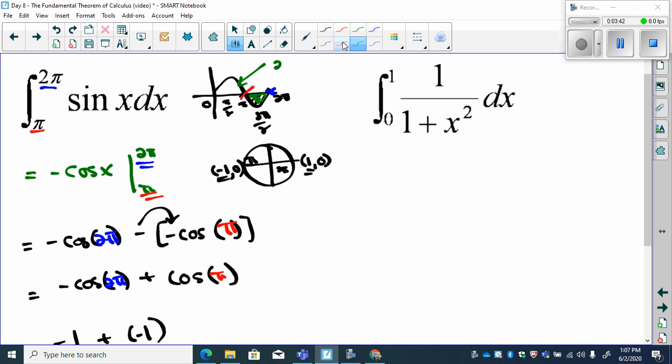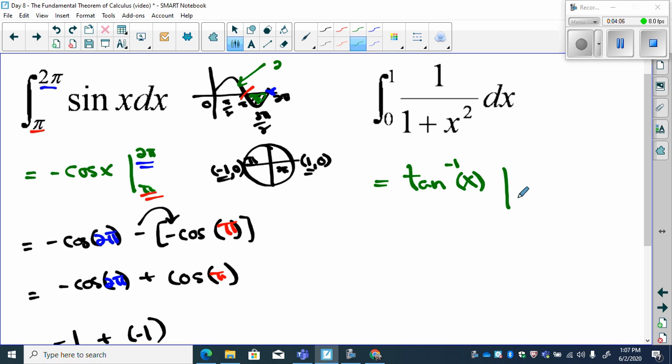Next one, I want to do the antiderivative of 1 over 1 plus x squared. This looks kind of complicated, but that is one of the general antiderivatives from your table that you are supposed to know. The antiderivative of 1 over 1 plus x squared is actually inverse tan, or arctan, x. Don't need to write plus c, remember?